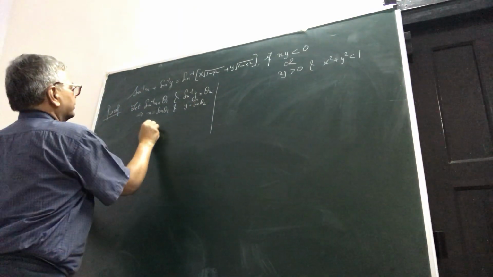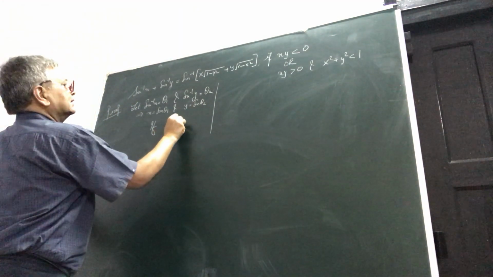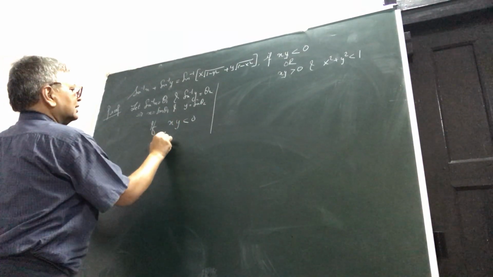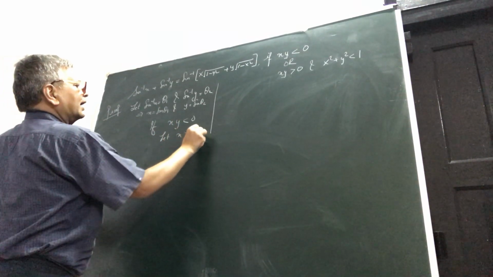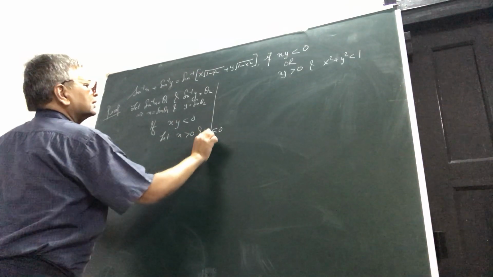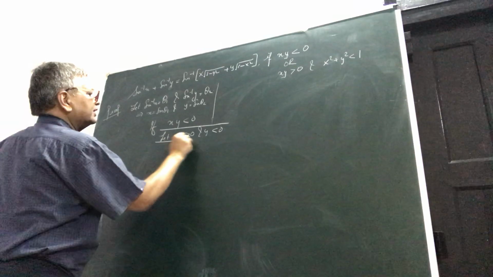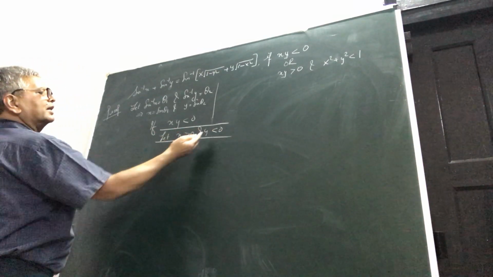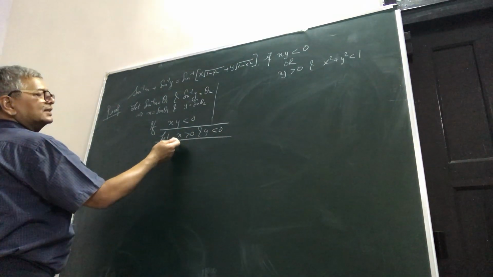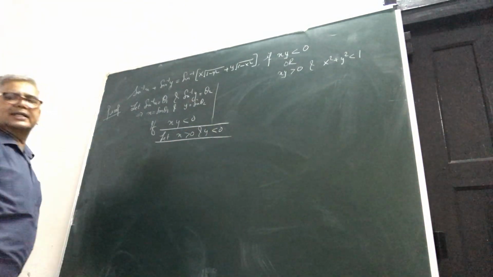Now, if xy is less than 0, let x be greater than 0 and y be less than 0. Because only two conditions will happen: either x is greater than 0 and y is less than 0, or x is less than 0 and y is greater than 0.